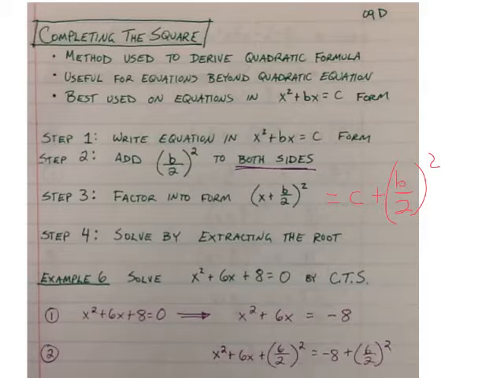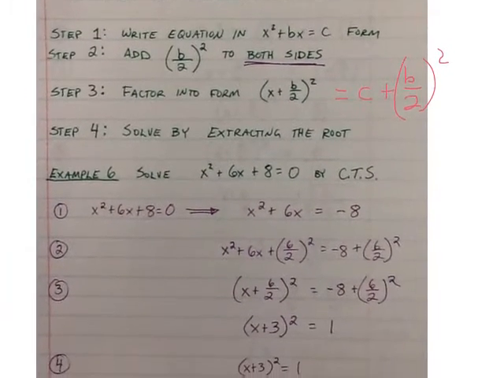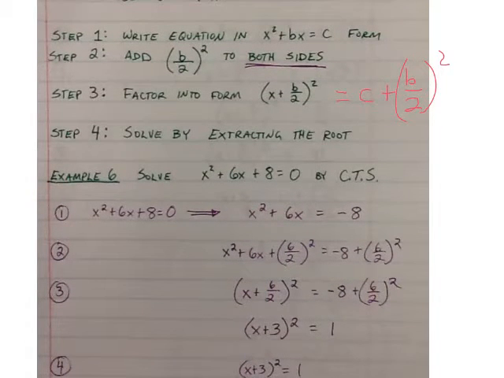So this is best understood through examples, so let's take a look at example 6 where I walk us through the process. First, we have the equation and it says solve by completing the square. And we don't quite have x squared plus bx equals c, but in step 1 we're actually able to do that fairly quick. Step 2 says add (b/2)^2 to both sides.